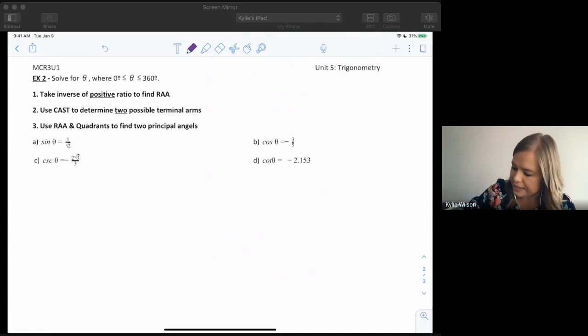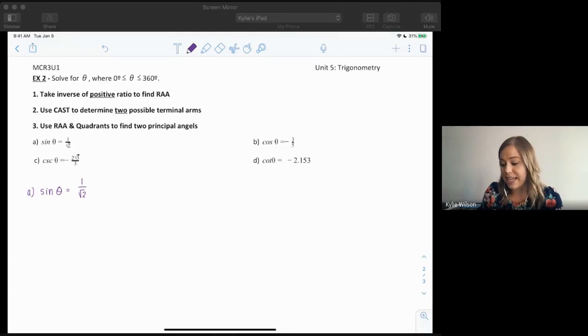So let's start with example A here. And A is sine theta equals 1 over root 2. But we don't like to have our root 2 on the bottom. So I multiply both of these by root 2, and I have root 2 over 2. So I have sine theta equals root 2 over 2.